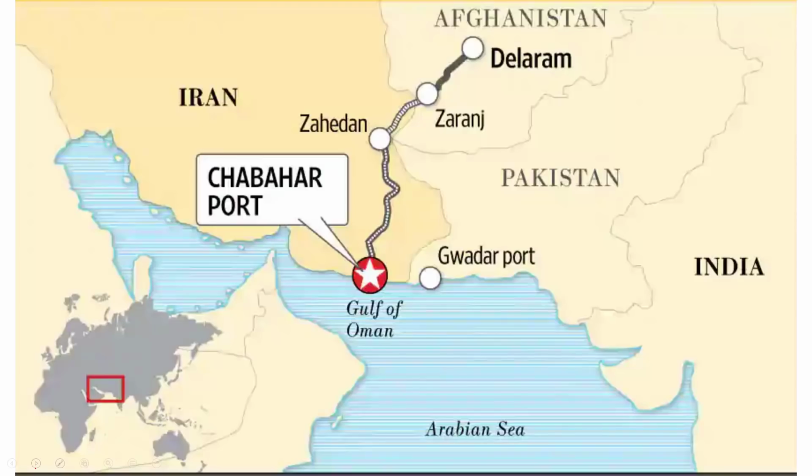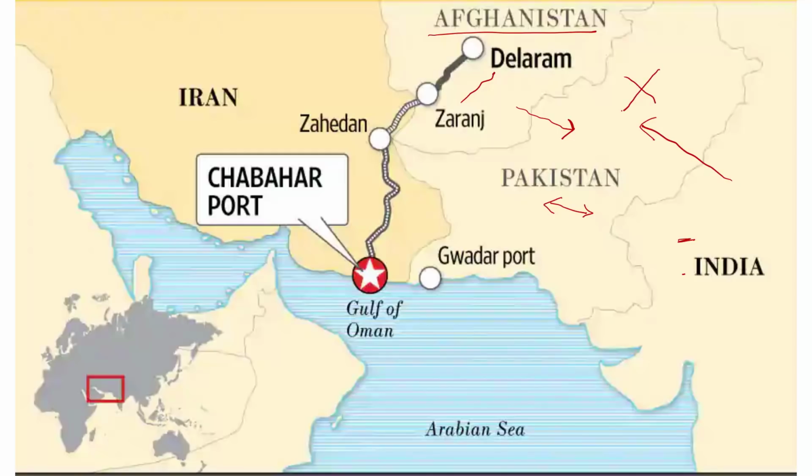And for that, there is one thing very important. This is the Zaranj Dilaram Road. It is very important for India as well as for Afghanistan. Why? Afghanistan is a landlocked country. Its way passes through Pakistan. If Afghanistan has to get in touch with India, it has to pass through Pakistan, and likewise if India has to get in touch with Afghanistan. What if Pakistan blocks it?